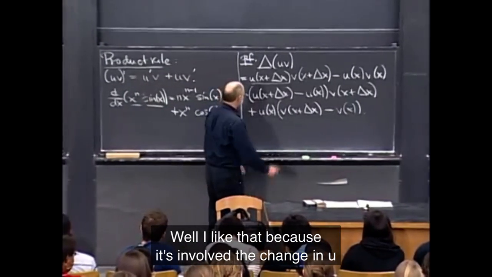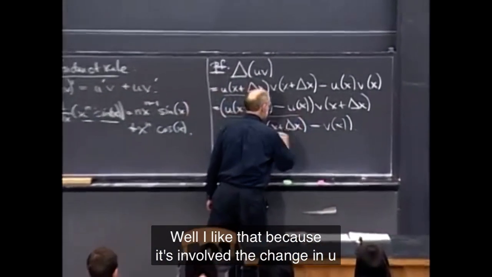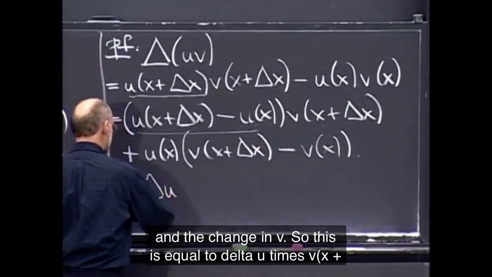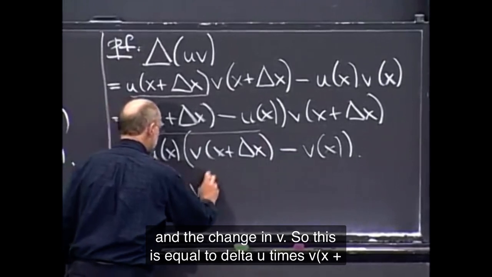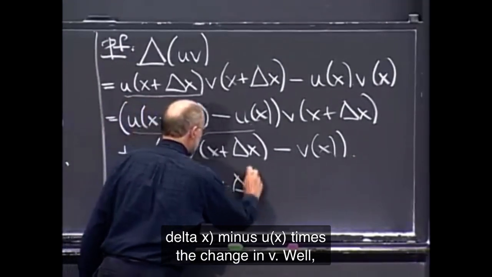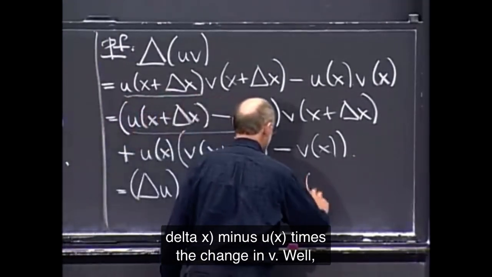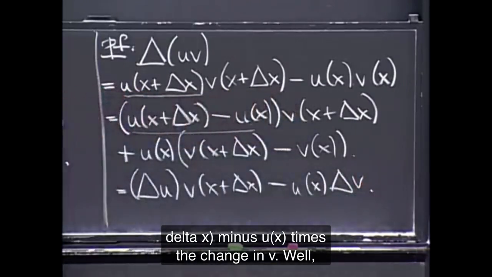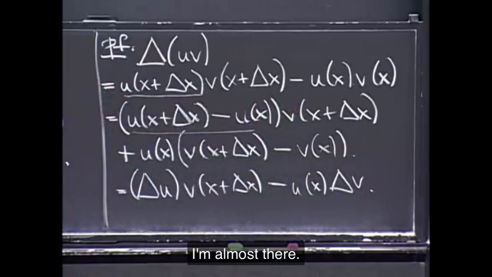Well, I like that because it's involved the change in u and the change in v. So this is equal to delta u times v of x plus delta x minus u of x times the change in v. Well, I'm almost there.